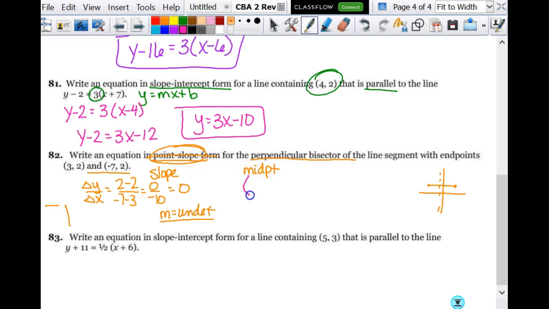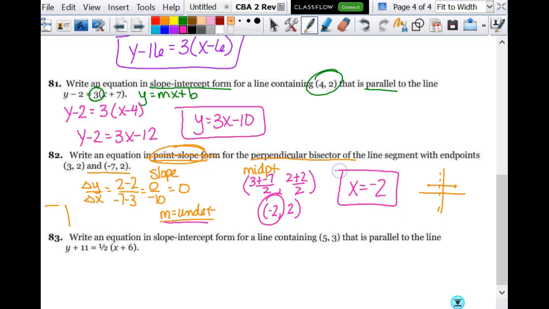So midpoint is going to be 3 plus negative 7 over 2, 2 plus 2 over 2. So that's going to be negative 4 over 2, which is negative 2, and 4 over 2, which is 2. Remember, this is undefined, so that is your x equals line, and x equals this is just a negative 2.